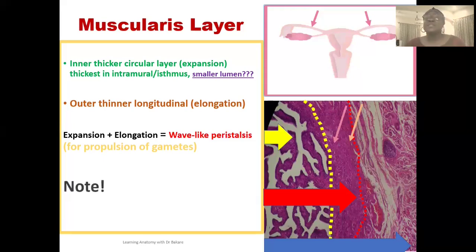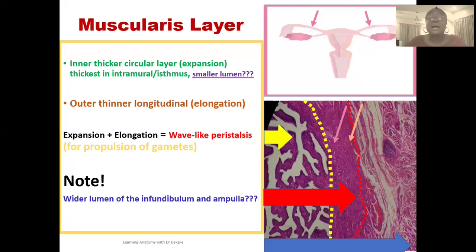It is also important for us to know that the infundibulum and the ampulla are seen to have a wider lumen. And this wider lumen can also be attributed to deposits of the muscularis layer, which means that the muscularis layer is not thick around this region. And this is why the lumen appears to be wider, creating more space for structures that are located within it. Remember, we said that fertilization occurs in the ampulla region.